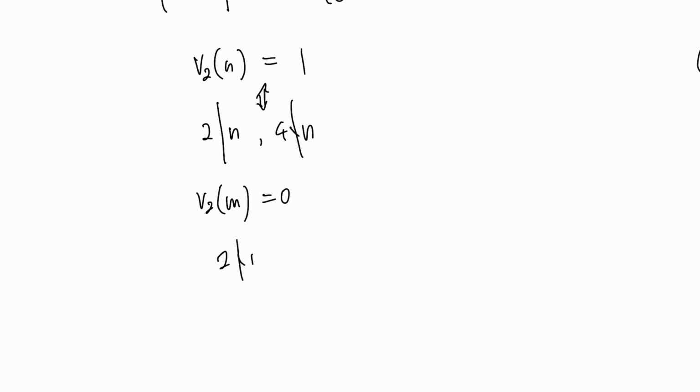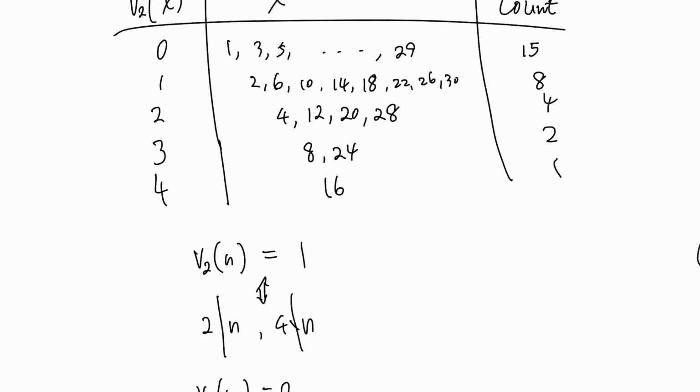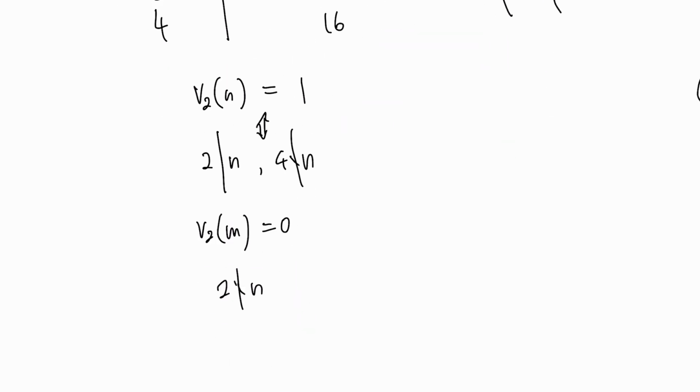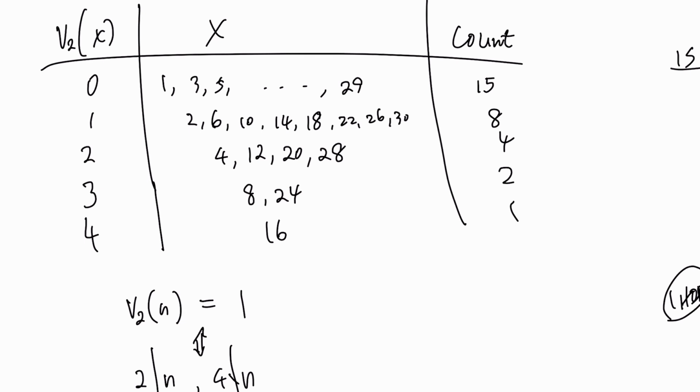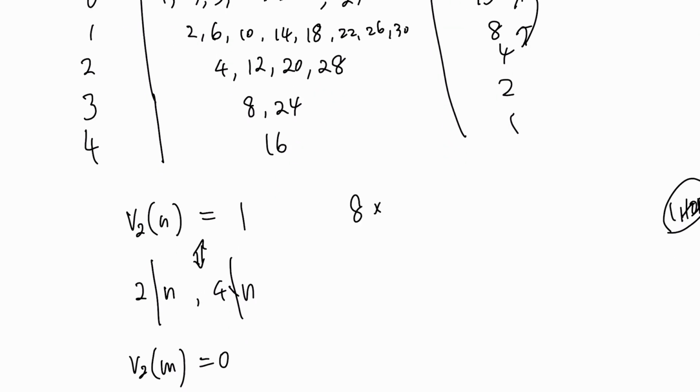That is, 2 is not divisible by n. And in that case, there are 8 ways to choose n and 15 ways to choose m. So that's 8 times 15. And in general, every time you step up, you can take every number that is less than it. So it is 8 times 15 plus 4 times 23.